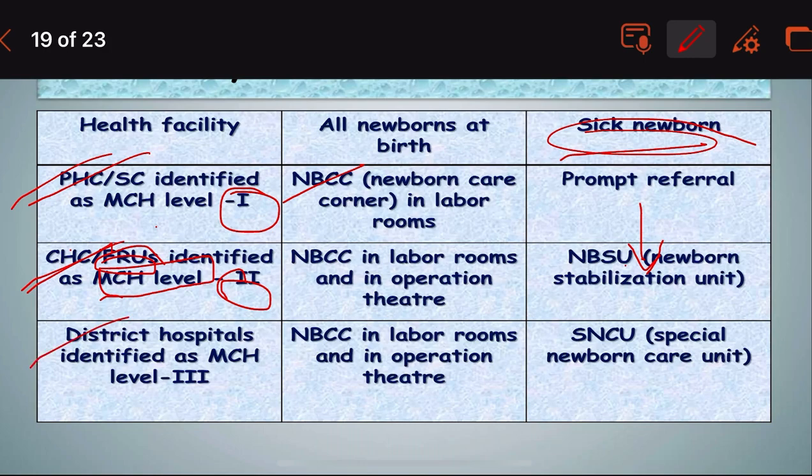In the district hospitals, identified as maternal and child health level 3, there is the NBCC in the labor rooms and operation theatre, and the sick newborns are undertaken by the specialized newborn care unit.